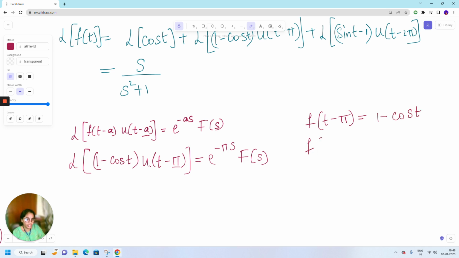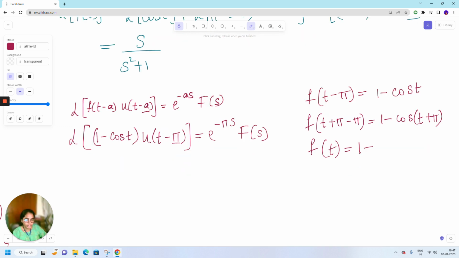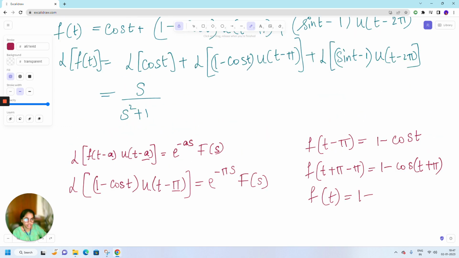Okay, now I'll replace t with t plus pi, which gives 1 minus cos of t plus pi. So here f of t is equal to 1 minus, what is 180 plus theta? Let me take which quadrant? This is 90, this is 180. All the values, that is 180 plus values, will come in the third quadrant.